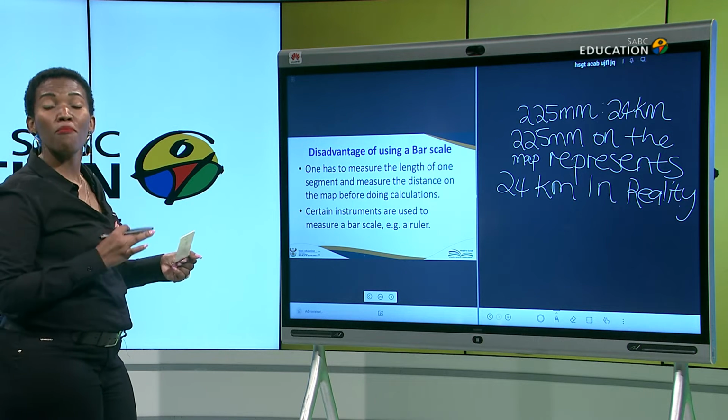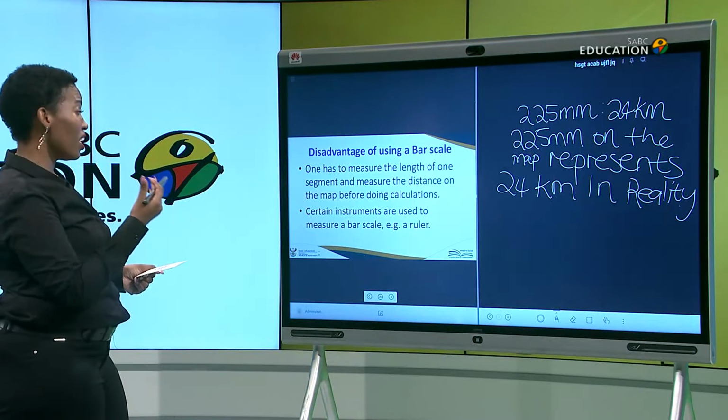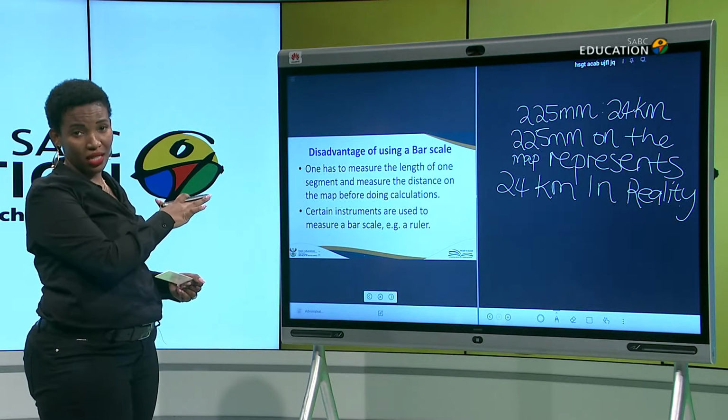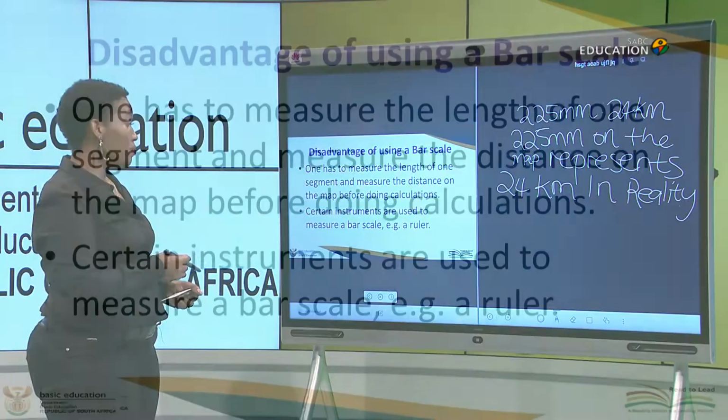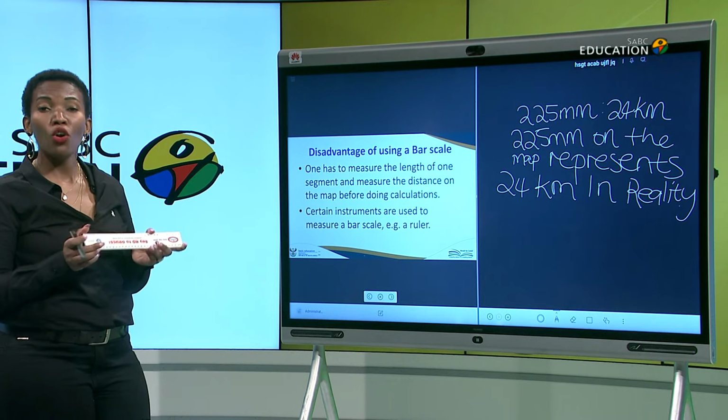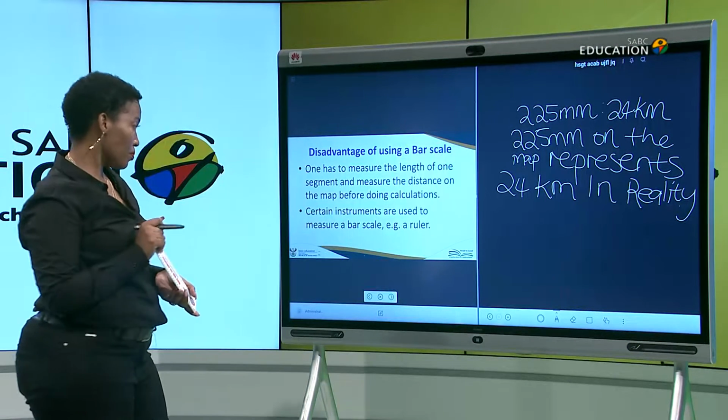So there's a lot of measuring that happens before you can actually do your calculations when it comes to a bar scale. And then secondly, certain instruments are used to measure a bar scale, like a ruler. So if you don't have a ruler in the exam room, you are really going to struggle when it comes to answering this section of a bar scale. So a ruler, a proper ruler with the visible numbers, is very, very important when you go into your exam room.